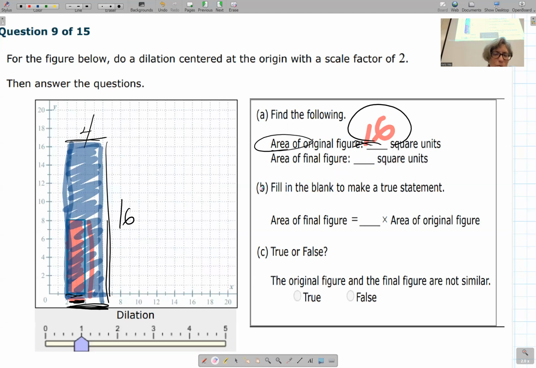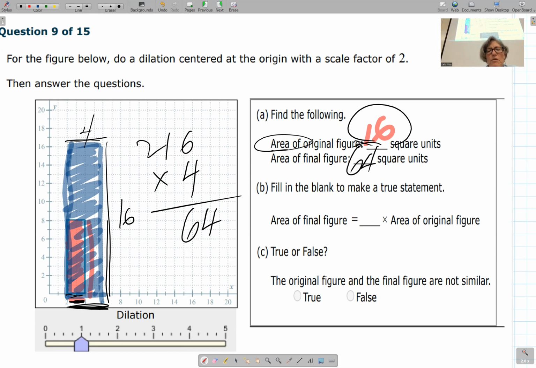Okay, friends, no, 4 times 16 is not 48. 4 times 16, 4 carry the 2, it's going to be 64. There it is. Therefore, what's happened is the area of the final figure is 4 times the original figure. So you double the edge length and the area is quadrupled.